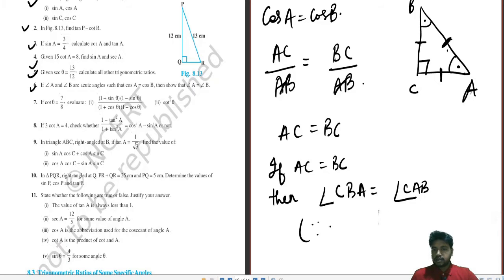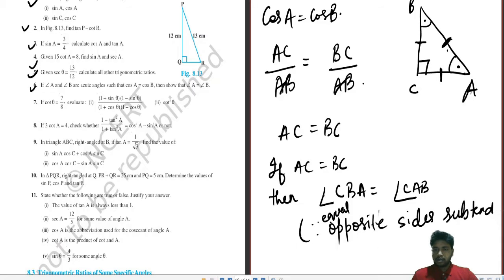Since equal opposite sides subtend equal angles. Obviously this is a theorem. If these two sides are equal, then these two angles will also be equal. Hence proved.